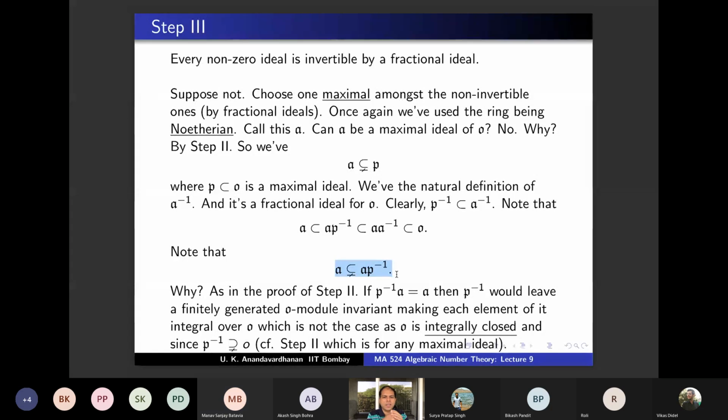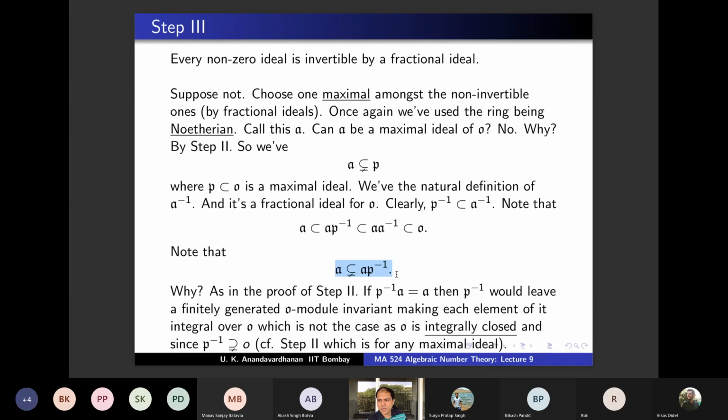Now you tell me the next thing. What will be the next claim? Because this is strict, because A P inverse is strictly bigger than A, what can you conclude about A P inverse? A had a maximality property. A was maximal. A P inverse is equal to. Yeah, A was maximal amongst the non-invertible ideals.